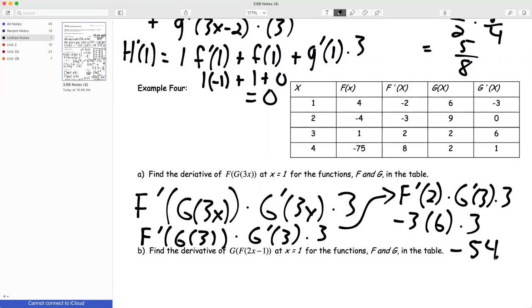Now I'm going to hand off the baton to you and let you finish the calculus race here. So let's go. Finish it up for me. The last one.